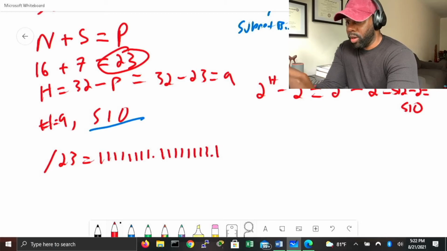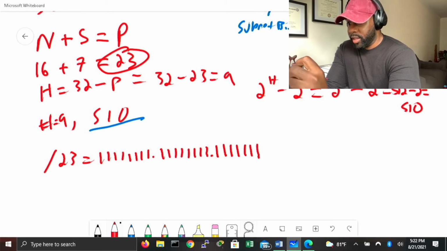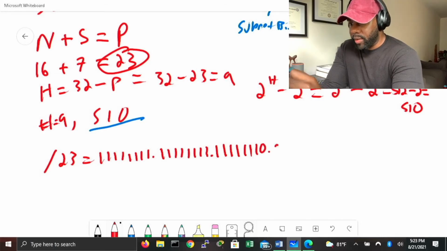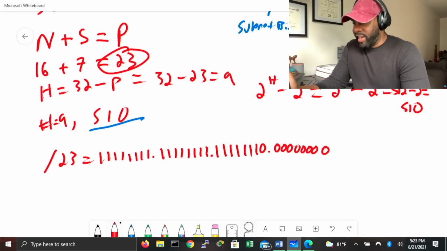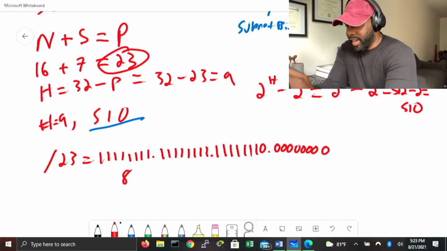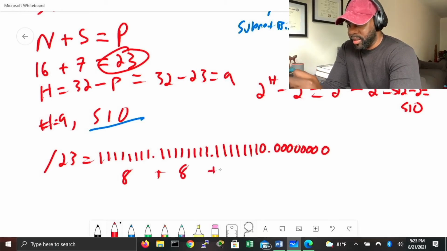Then 1, 2, 3, 4, 1, 2, 3, and then a 0. So we know that this is 8 plus 8 plus 7 plus 0, which gives you 23.